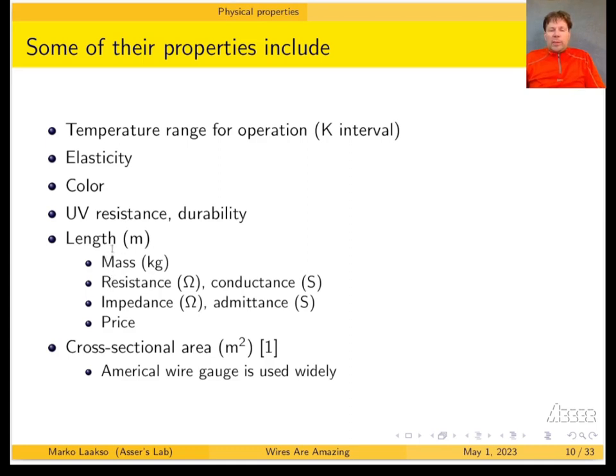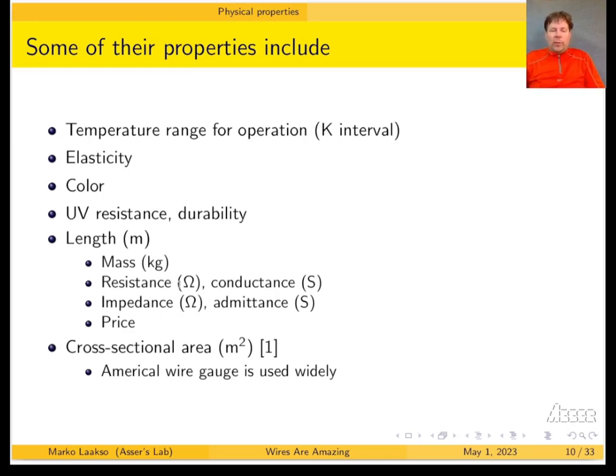Many properties are somehow proportional or dependent on the length of the cable. For example, the mass: the longer the cable, the higher the total mass. The same holds for the resistance, or its inverse, the conductance.